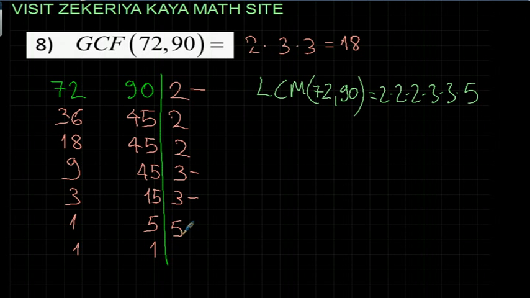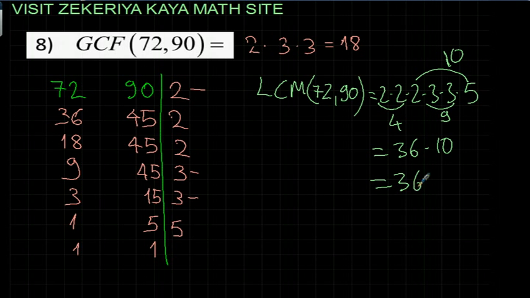We must multiply all of them. Remember that I also told that if there is 2 and 5, make it first. 2 times 5, 10. 2 times 2, 4. 3 times 3, 9. 4 times 9, 36, times 10, 360. 360 is the least common multiple of these two numbers.